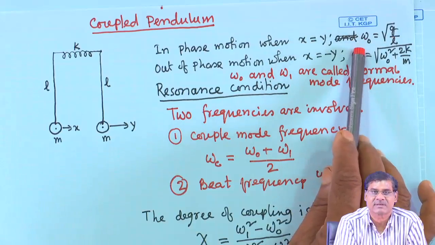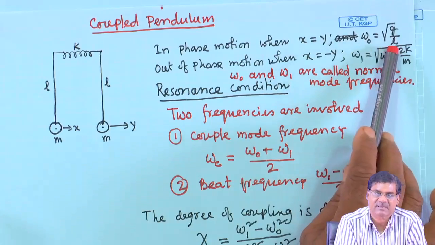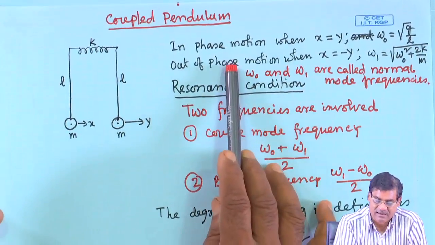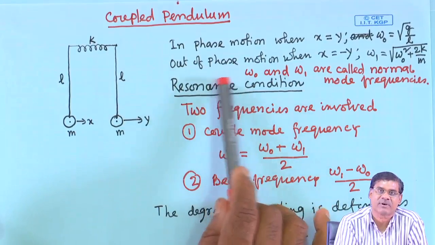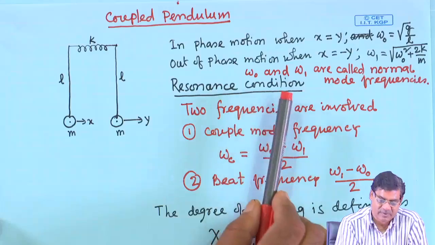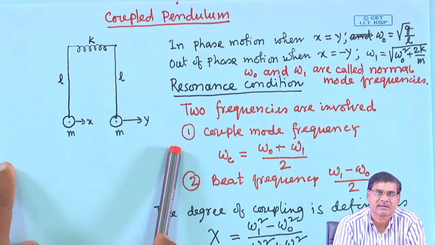So, this frequency is the same as the frequency of the single, individual pendulum. This is the in-phase motion. One can also see out-of-phase motion when these two are displaced in opposite directions.